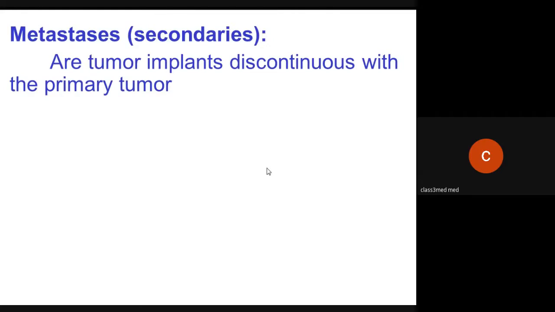If there is continuity between the primary and the secondary tumor, this is not called metastasis, and this tumor is not called secondary tumor, but it is local extension of the tumor, and this will affect the parameters of the staging of the tumor. So in order to say this is metastatic tumor, there should be no continuity with the primary tumor.